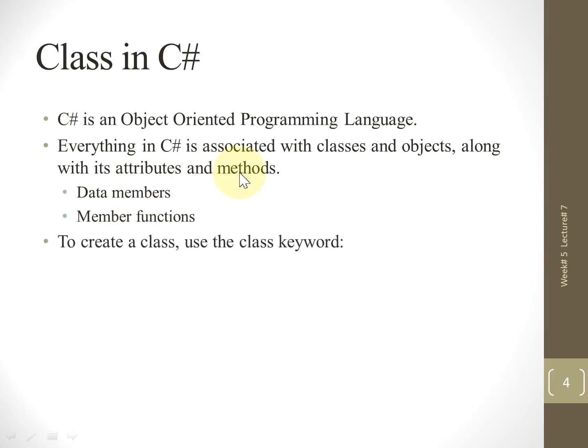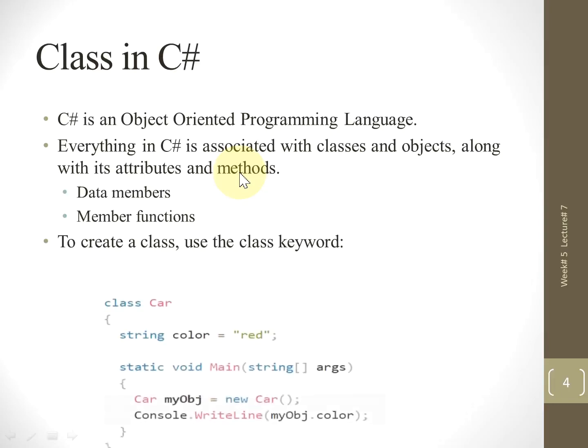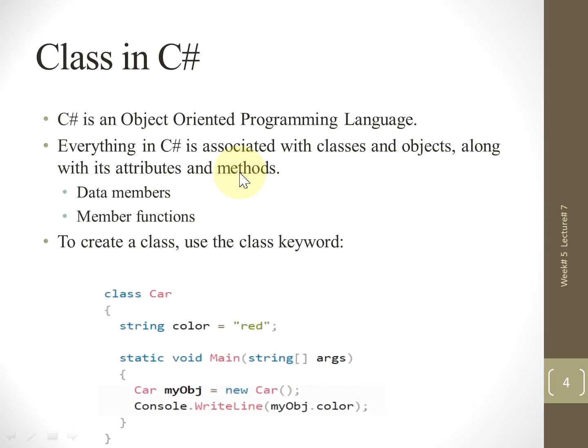To create a class, we always use the class keyword. So this is an example. Whenever we start object-oriented programming, we start from the keyword class, and our class name is Car. This is the body of the class.